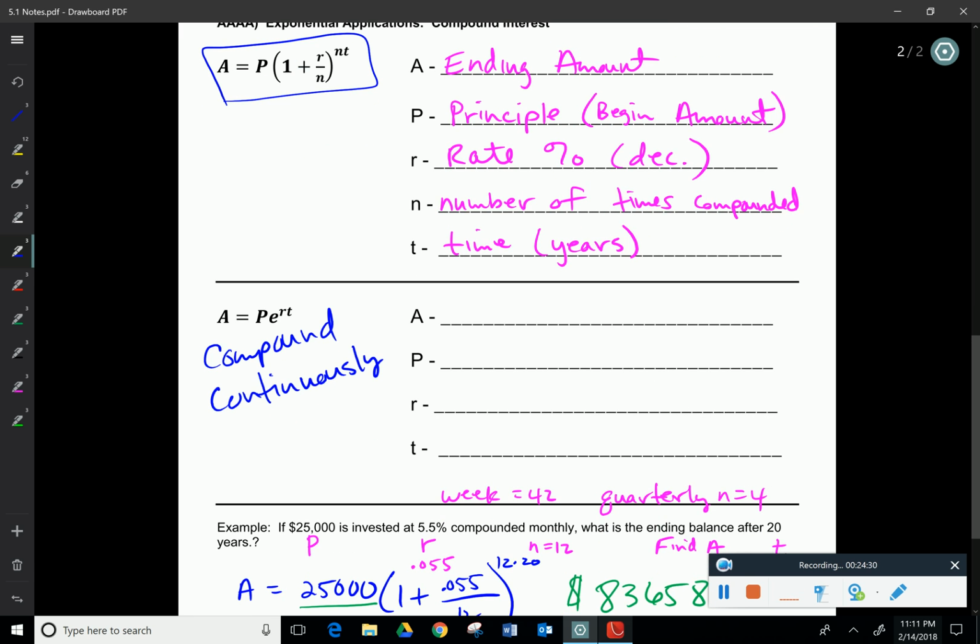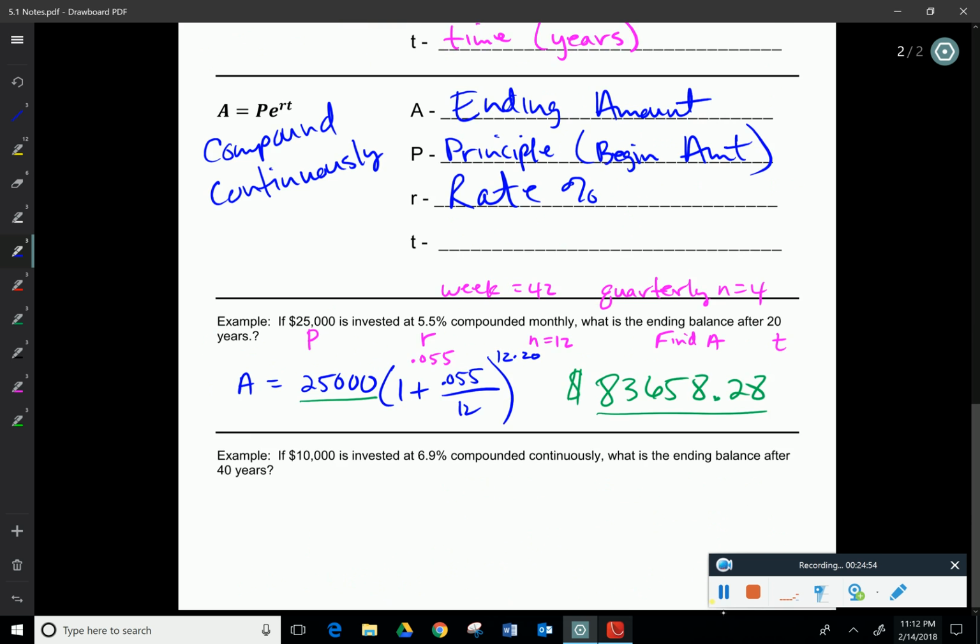Okay? Well, A is still your ending amount. And P is still the principal, or your beginning amount. Okay. R is still the rate, the interest rate, and it's still going to be as a decimal.